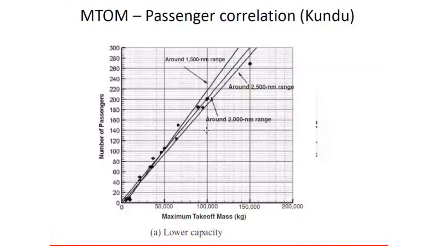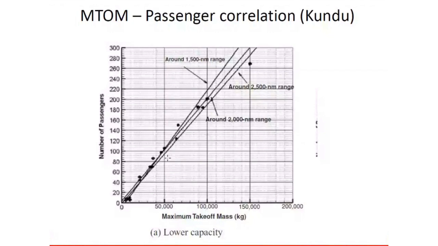So the range factor differentiates the curves. But at a lower number, let's say about 100 passengers, all three curves, whatever the range, fall around the same point. So the moment I say my aircraft has to carry 100 people, you know that you are going to be somewhere near 50,000 kg mass, not weight.